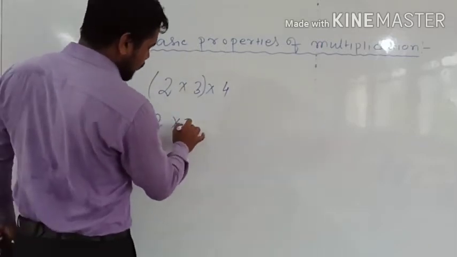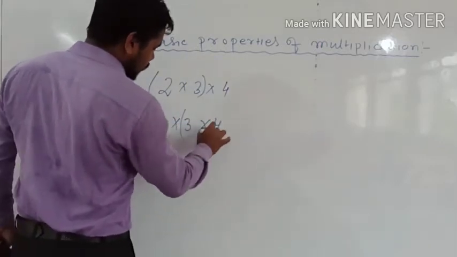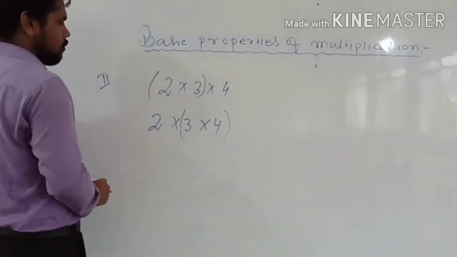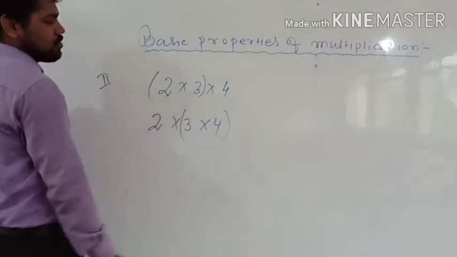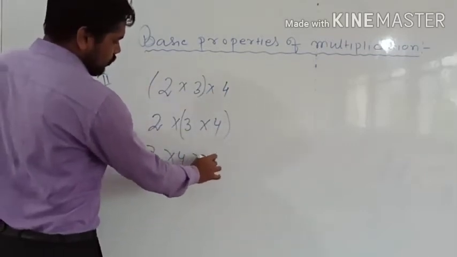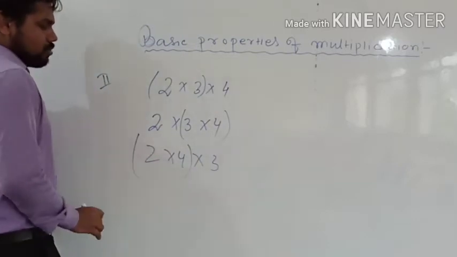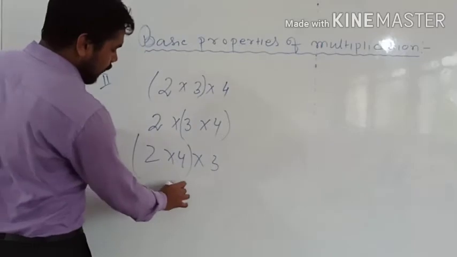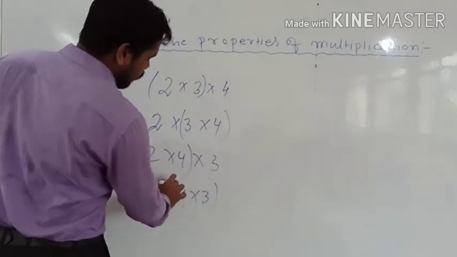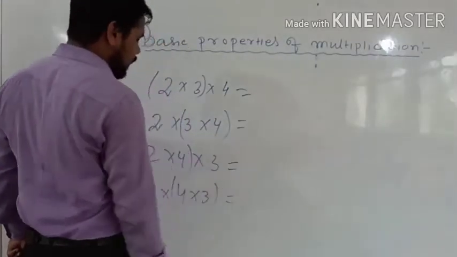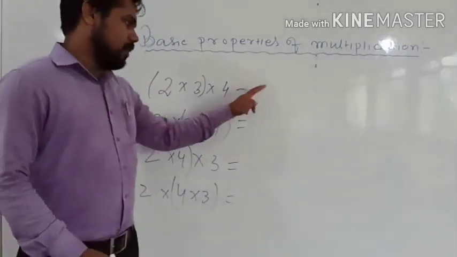So you can make these two group first, and you can make even these two group first also. So say like 2 into 4 into 3. So that means 2 multiply 4 multiply 3. So आप इसमें से चारों में से किसी का भी मल्टीप्लाई करके देख लो, the result will be always same.